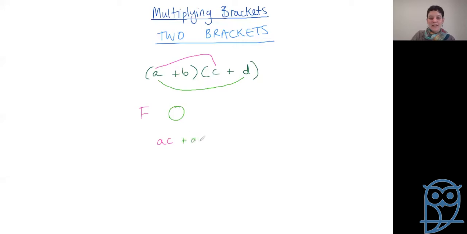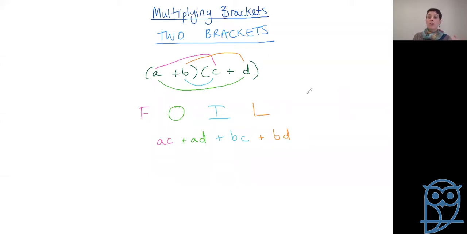So plus A times D. The I is for inner, which is B times C. And the last one is L for last, plus BD.